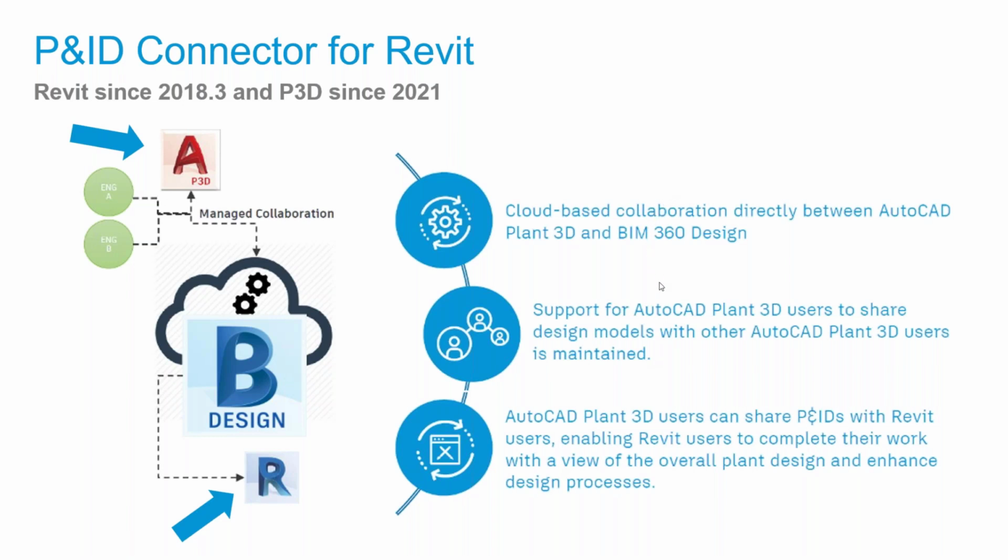So if you move to the next slide, Martin. Yeah, just one comment. This P&ID connector is also called the P&ID modeler for Revit. It helps the designer in Revit to create the piping and to validate the piping, to make sure that everything on the schematics will also be placed in the 3D model.